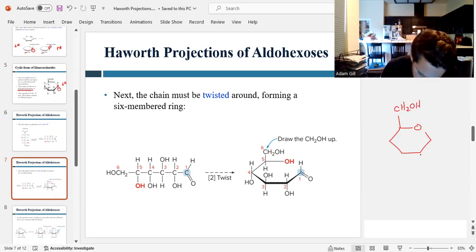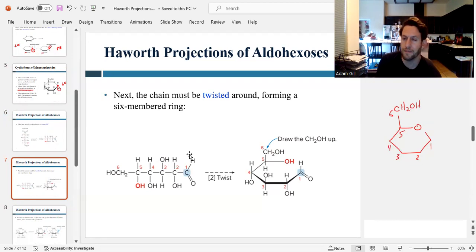And so you'll always have 1, 2, 3, 4, 5, and 6. And this will always be the same core structure for any aldohexose. And carbon number 1 here is always going to be the anomeric position that's either alpha or beta. That's the anomeric carbon.